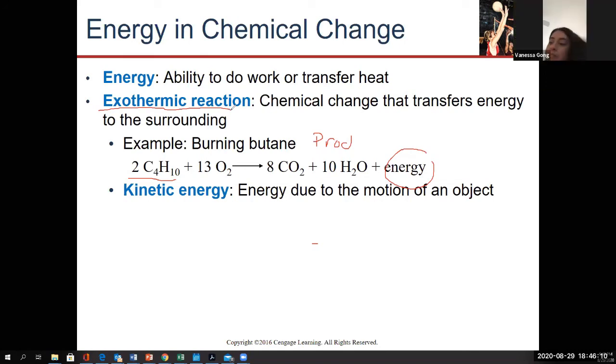Never happened to you? Where they break it open and you put it on your leg and it's nice and cold, right? Yes. A cold pack is an example of an endothermic reaction. What it does is absorb all of the heat from the surroundings, and that's the reason why it gets cold, because it's absorbing heat. So if you're absorbing heat or putting heat into the reaction, that's considered endothermic.